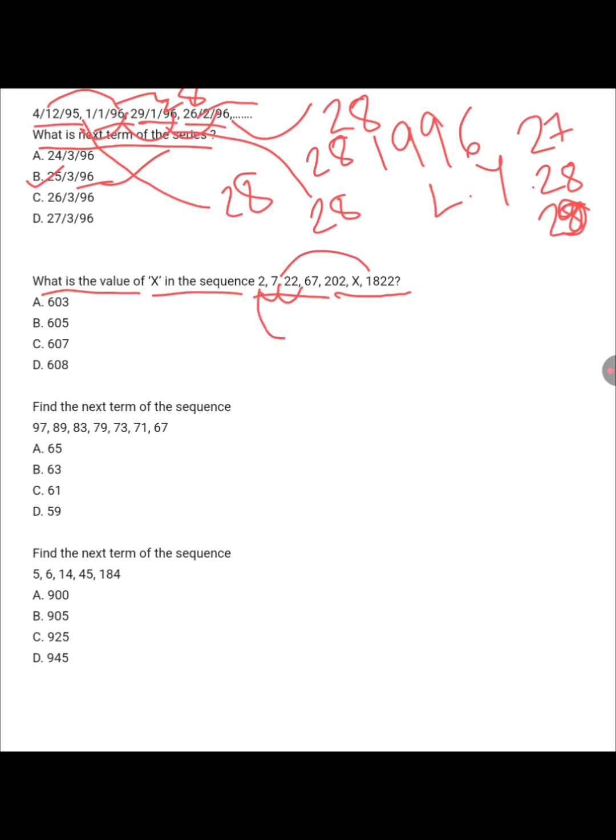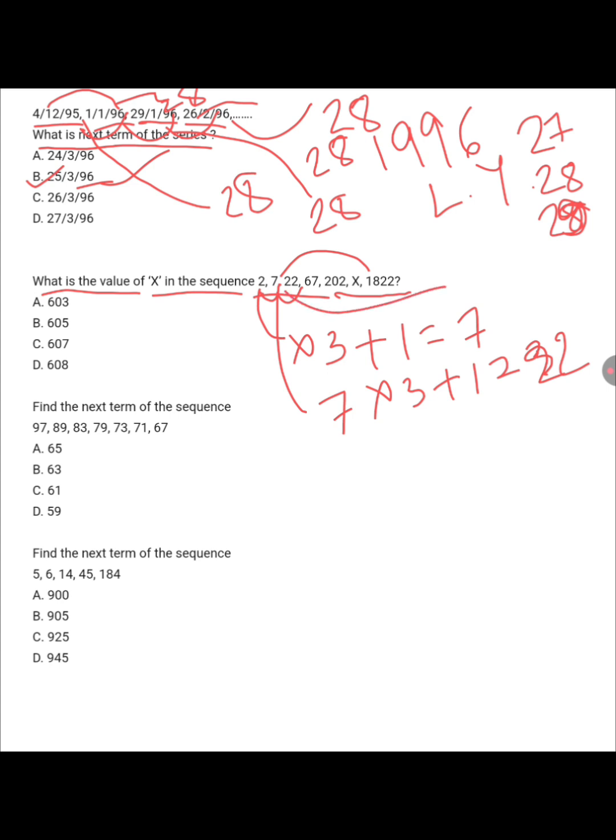If we multiply 2 by 3, it will be 6, plus 1, it will be 7. Then 7 into 3 is 21, plus 1, it will be 22. And the next term, 22 into 3 plus 1, will be 67. So it is going like into 3 plus 1, into 3 plus 1.